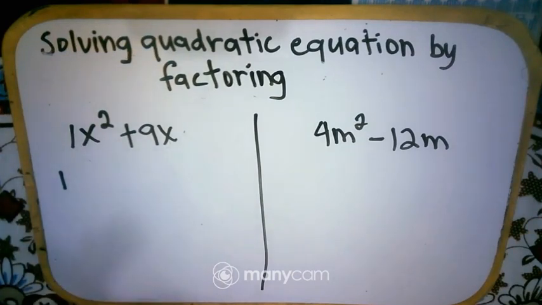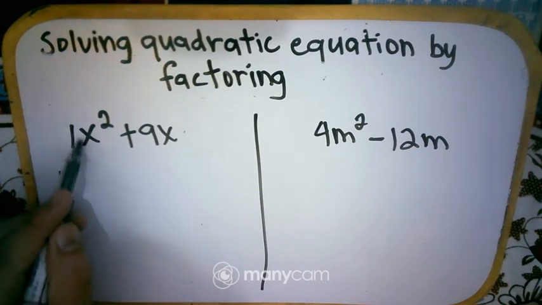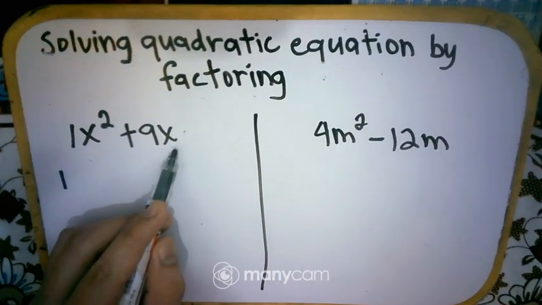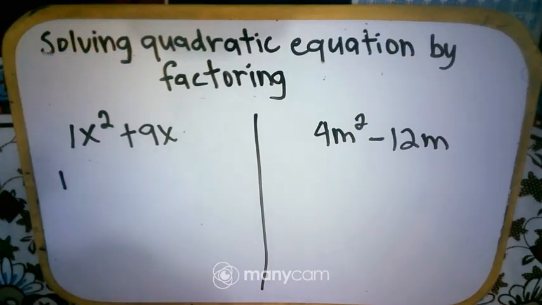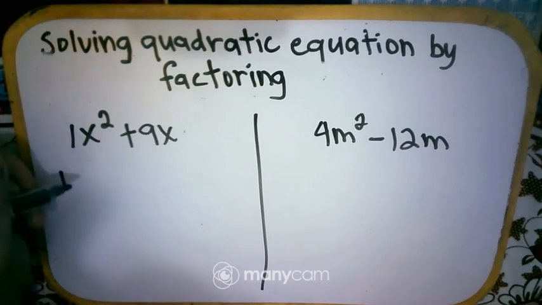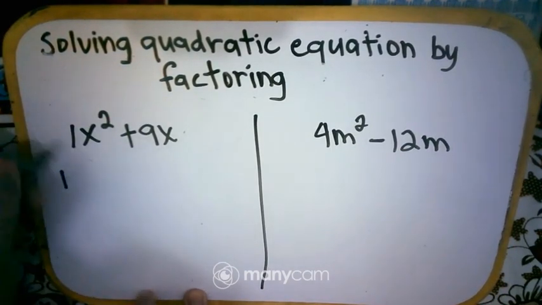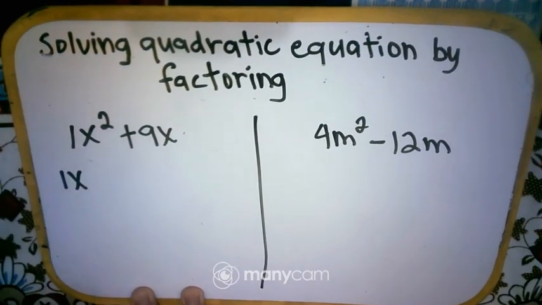Madali lang yan. Ang technique lang dyan ay kunin mo lang kung ano yung may mas maliit na exponent. Ganun lang siya kadali. For example, we have x squared and then x. Ang GCF niyan ay x. Kasi ito yung may mas maliit na exponent. Therefore, ang ating GCF for x squared and x ay x lamang. Dahil yun yung mas maliit.